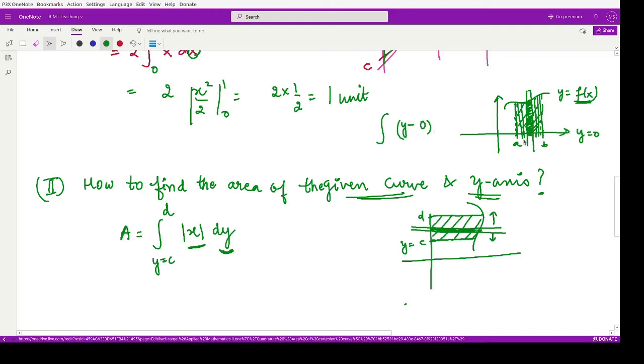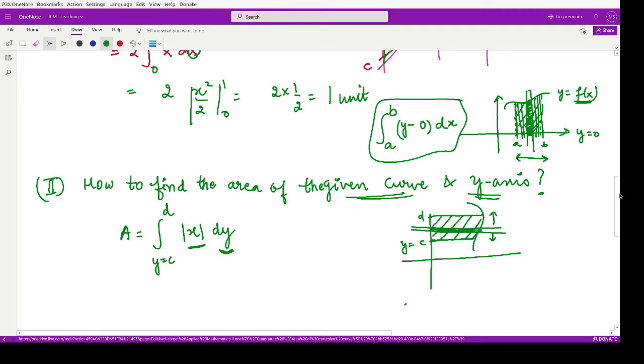Summing all these strips means we are moving from here to here, so we are integrating with respect to x and from the limits a to b. So this was the formula when you were calculating it using the vertical strips. When you are calculating it using the horizontal strip, it is this one.